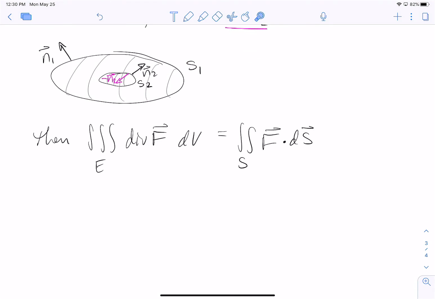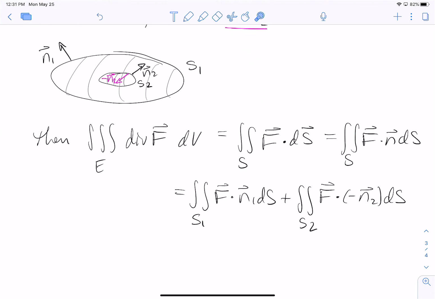Then we end up with the divergence theorem giving us that the triple integral of the divergence of F dV is equal to the flux of F. And that can be expressed as a double integral over S of F dot n dS, which is then broken down into two double integrals over S1 and S2, both of which give us F dot n, but in the case of n2, it's negative n2.